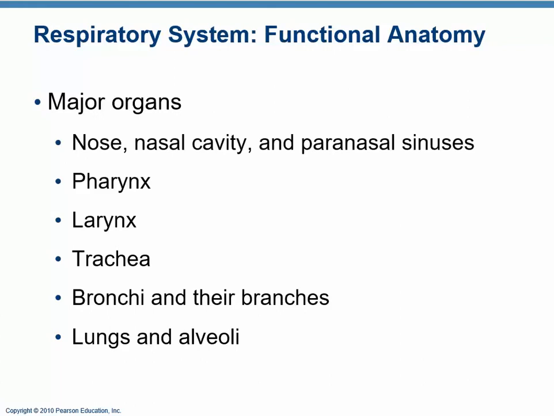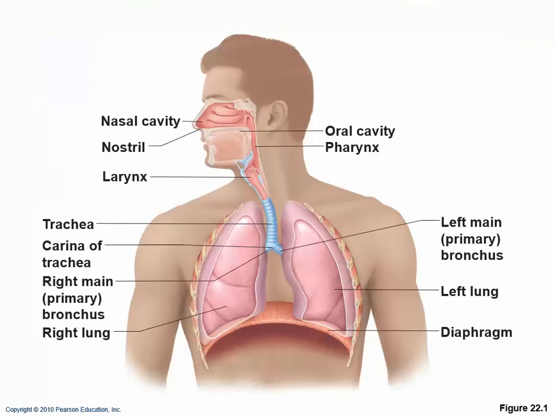The bronchi and the bronchioles, all the branches of the bronchi, are the tubes that carry air out to the lungs and distribute it through the lungs. And then the lungs are made up of this specialized tissue called alveoli. And it's at the alveoli that we get gas exchange happening. This is where external respiration happens.